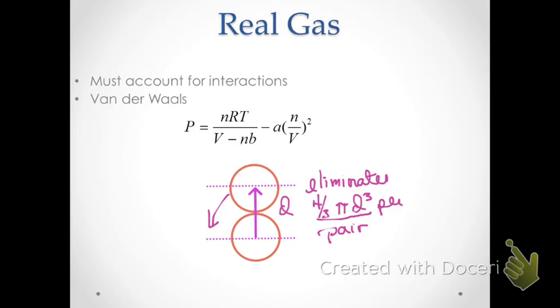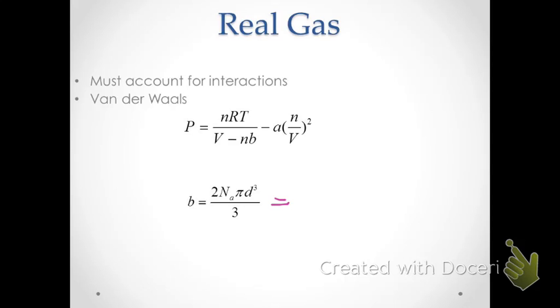As we move this first particle all the way around the second particle, this particular sphere is such that no other particle center can come within it. That means there's a region of space with a volume 4/3 pi d cubed per pair of particles in which no other particles can move. This may be a little bit hard to understand. You might have to think about this a little bit, but that's what that represents.